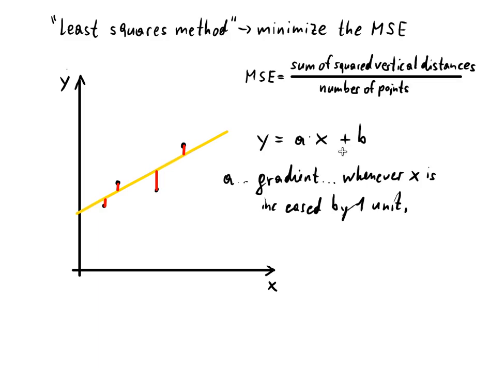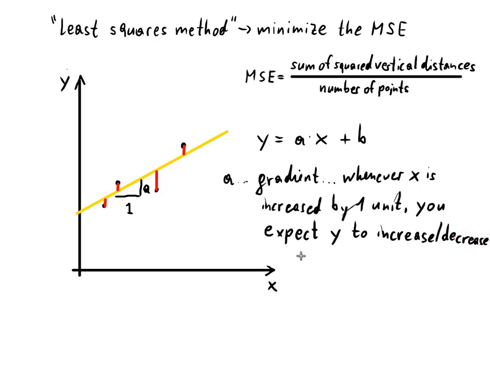by exactly that a units in y. So if you increase x by 1 unit, then you would expect the y value to increase by a units. Whenever x is increased by 1 unit, you expect the y to increase or decrease by a units.